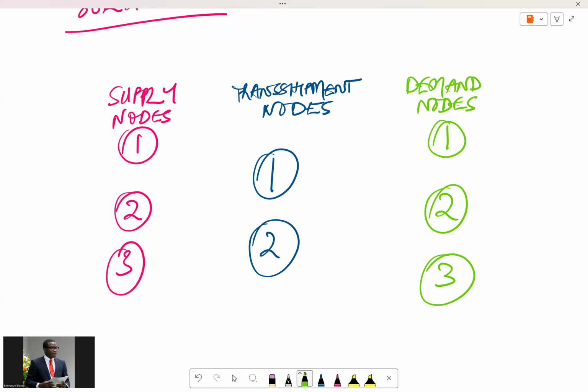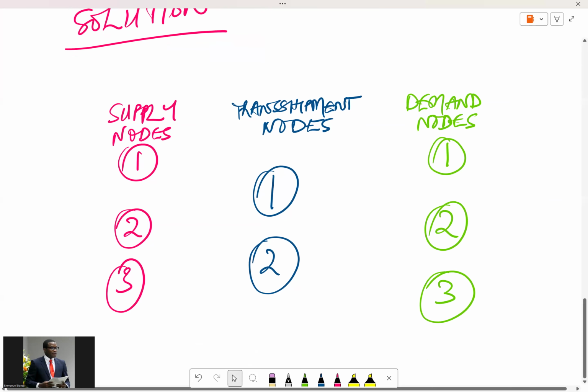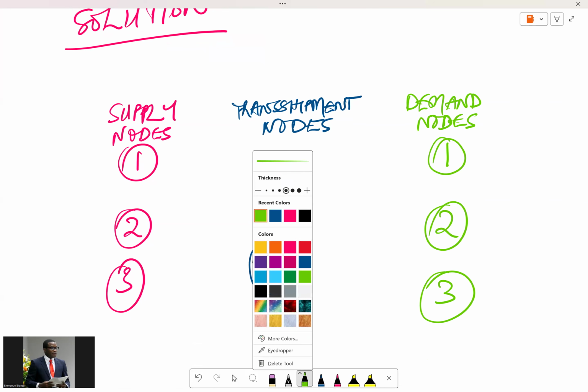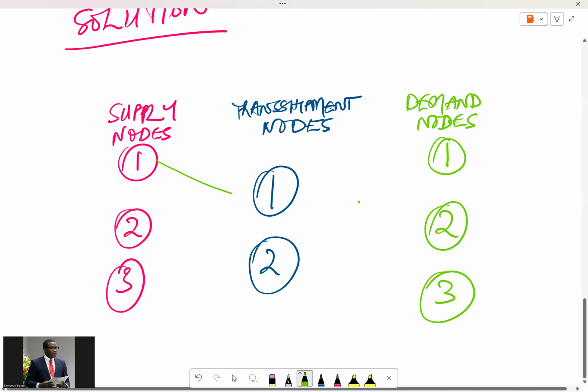So what happens is that based on the table, to ship something from supplier one, let's say supplier one can supply 30.